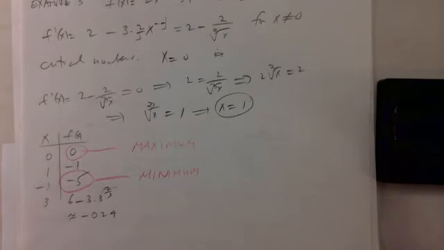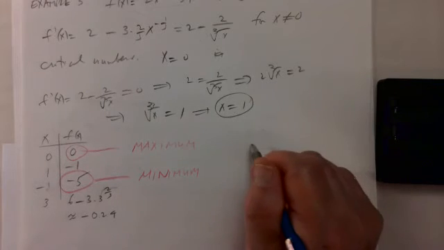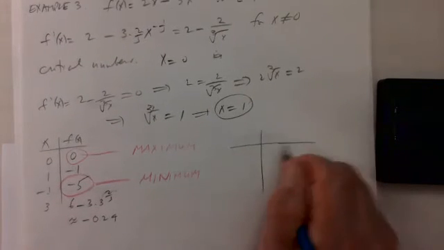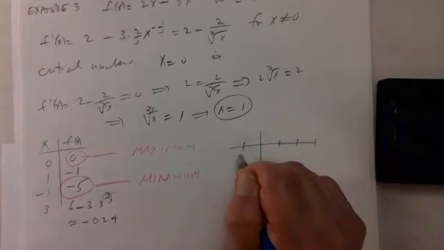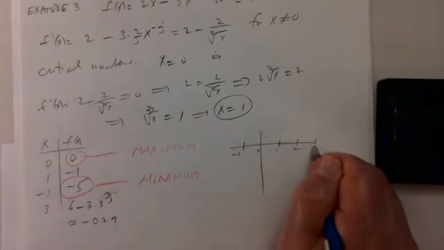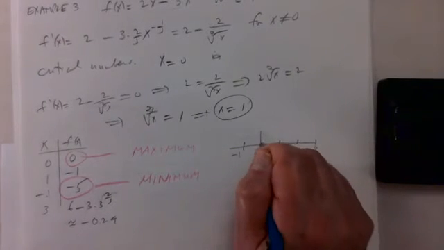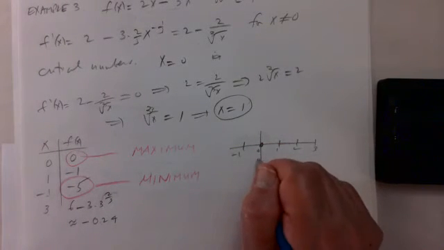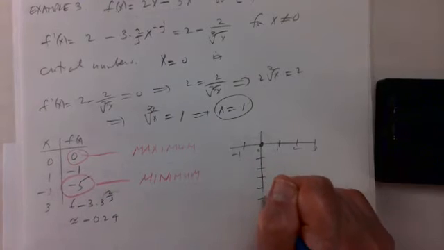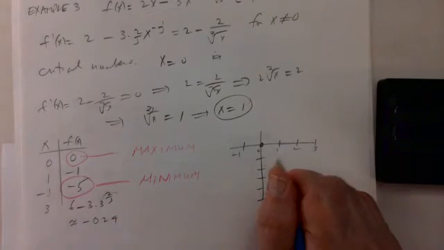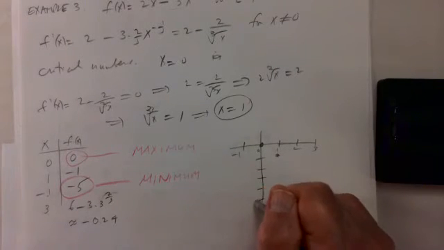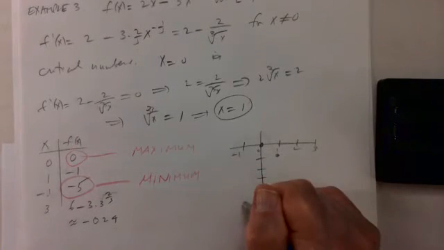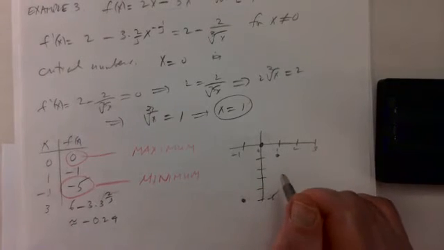It turns out if you graph this function, let's see, it's 0 at 0. It's minus 1 at 1. It's minus 5 at minus 1.